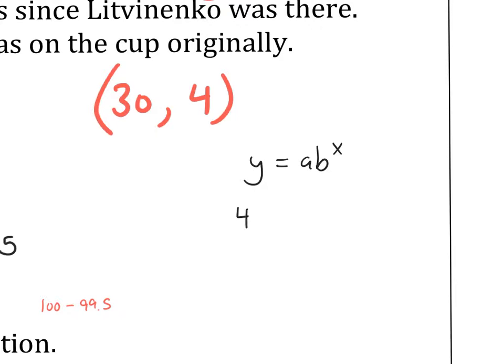My y is 4. I have 4 micrograms remaining. A is unknown. I'm going to use the 0.995 to the power of, sorry, not 4, 30. Because it's 30 days later, there are 4 micrograms left.